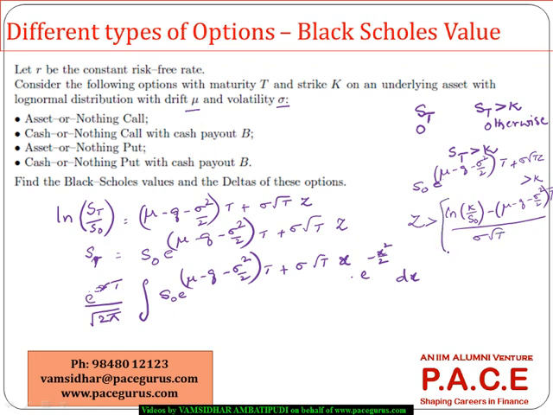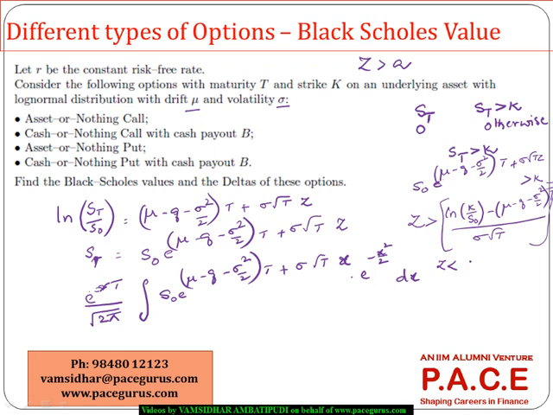And this entire thing, I am calling it A. So it is coming out as Z greater than A.